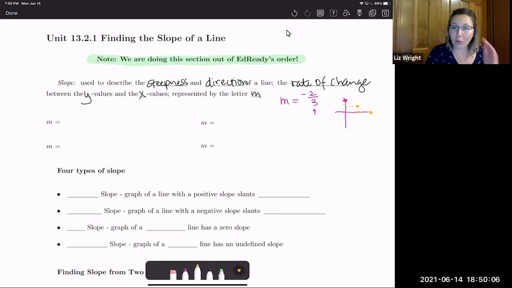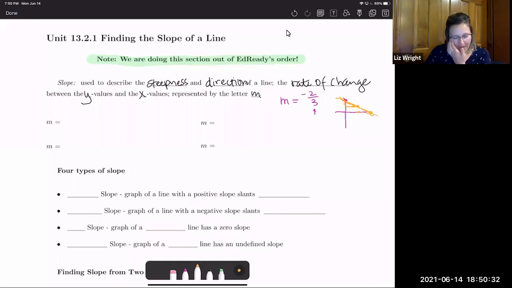So that is showing your rate of change, because it's like this rise over run between your 2 points. So it's showing the steepness, like how steep is this line, and also the direction. It's going down and to the right. And so that's what our slope is telling us for a graph of a linear equation.